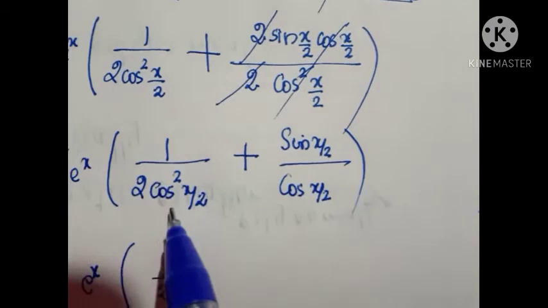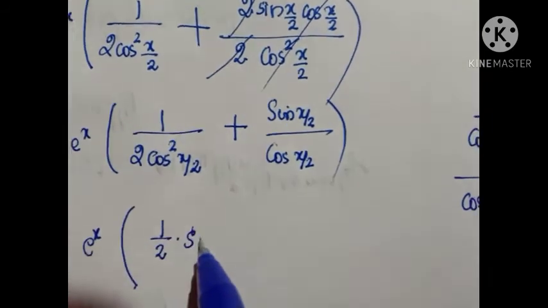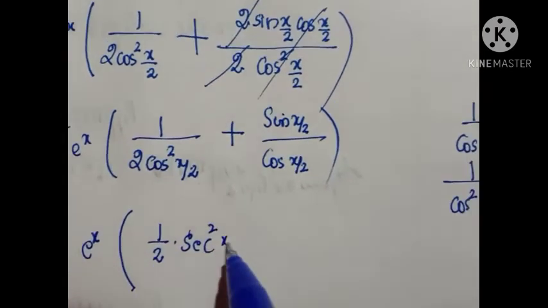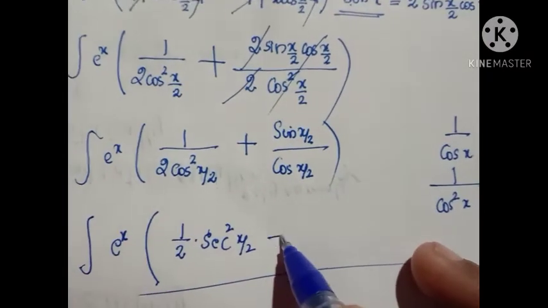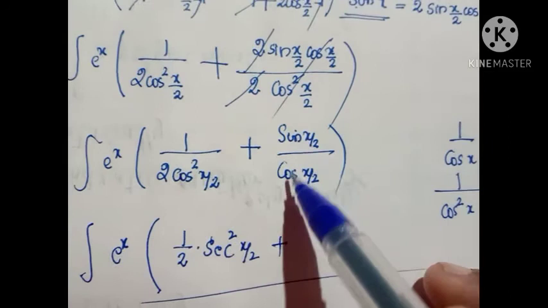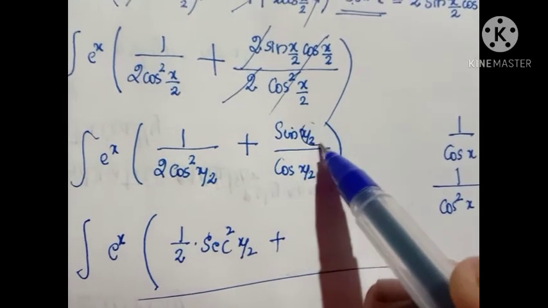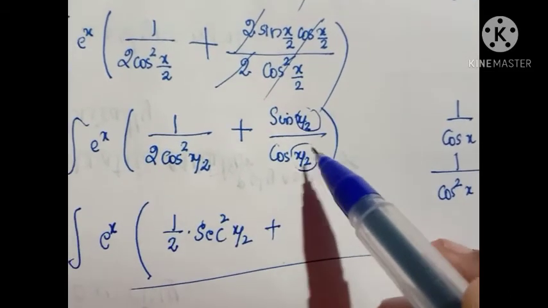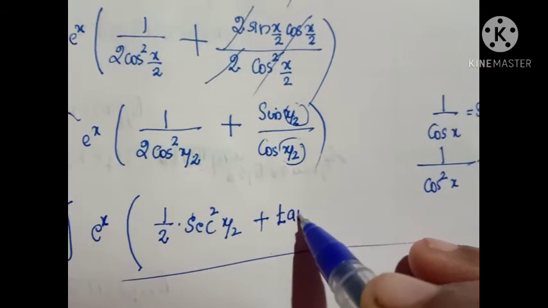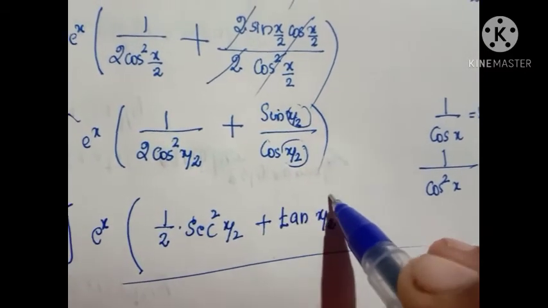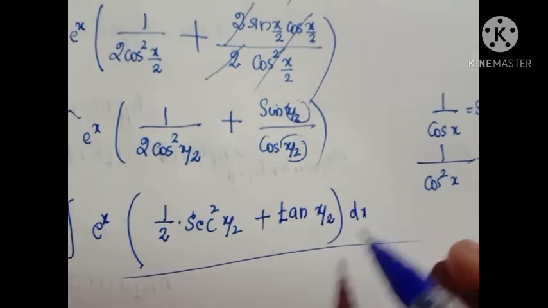So what is 1 by cos square x by 2? It is sec square x by 2, isn't it? Plus, now sine by cos, angle is same, x by 2, x by 2. So what is the ratio sine by cos? It is tan x by 2 dx.